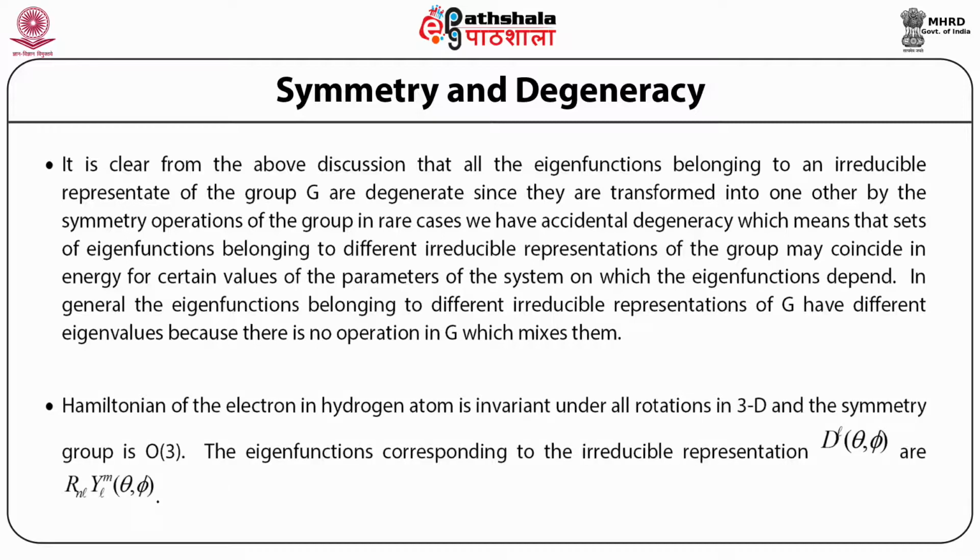The Hamiltonian of the electron in the hydrogen atom, we know, is invariant under all rotations in 3 dimensions, and the symmetry group is O3. The eigenfunctions corresponding to the irreducible representations are given by R_nl Y_lm of theta phi.